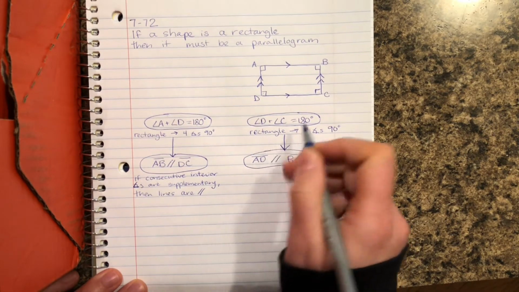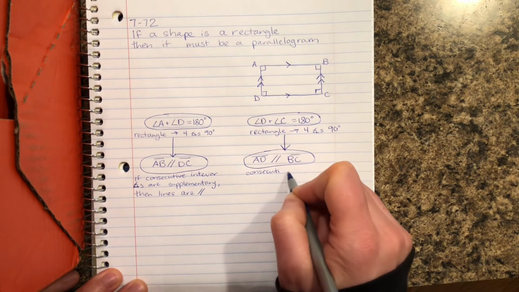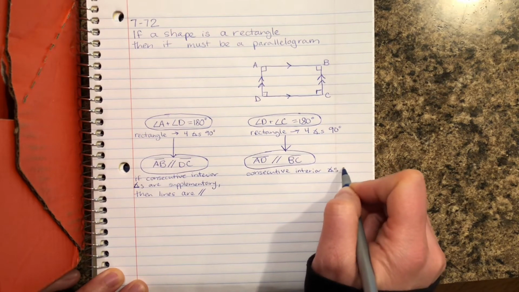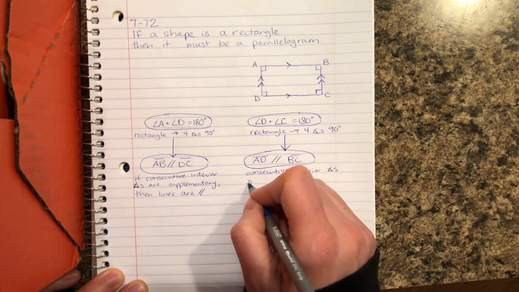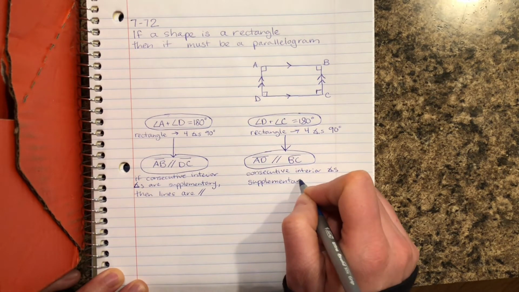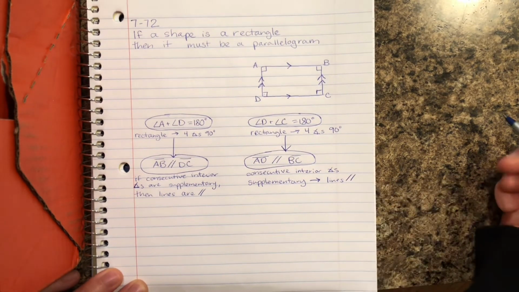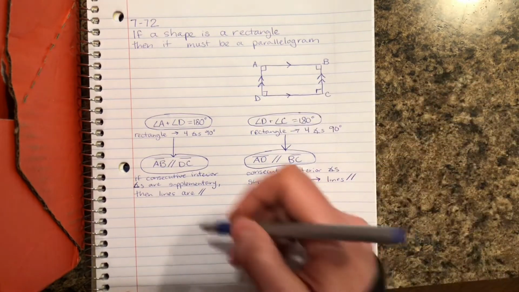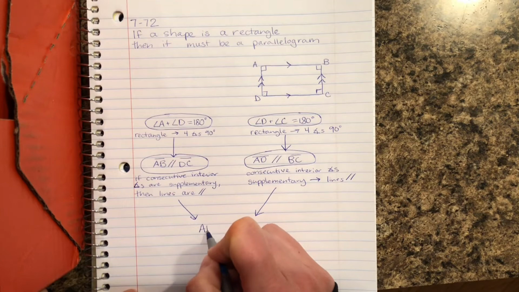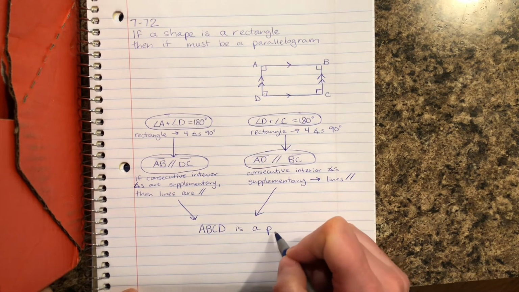And again, that is if consecutive or same side interior angles are supplementary, then lines are parallel. And if I have 2 sets of parallel lines in a quadrilateral, then I know ABCD is a parallelogram.